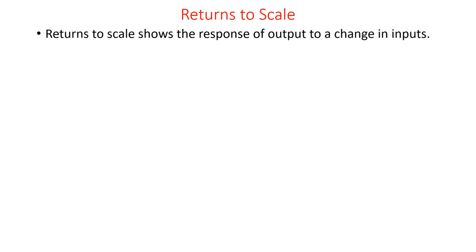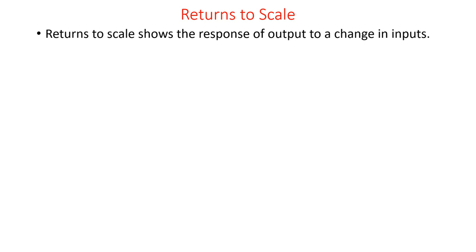Now let's discuss the concept of returns to scale. Returns to scale shows the response of output to a change in inputs. If the inputs increase in proportion, what will be the increase in output? This is the question that is answered by returns to scale.